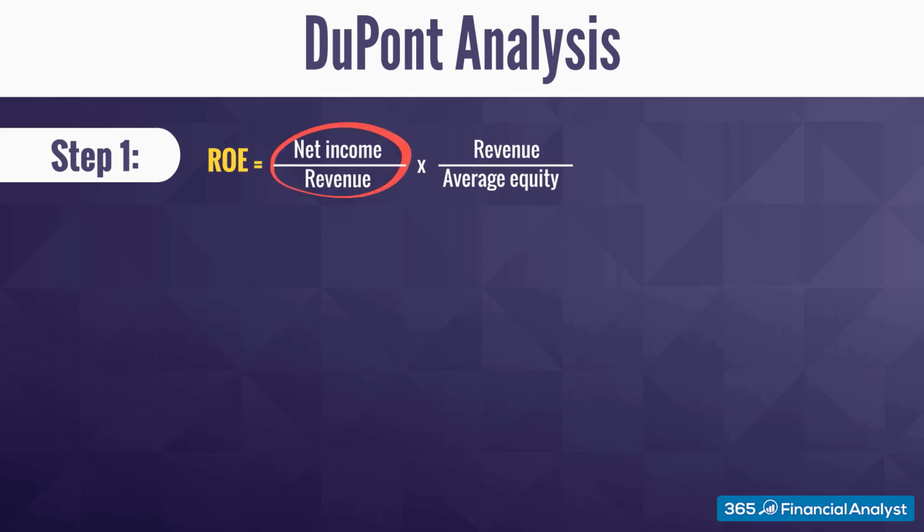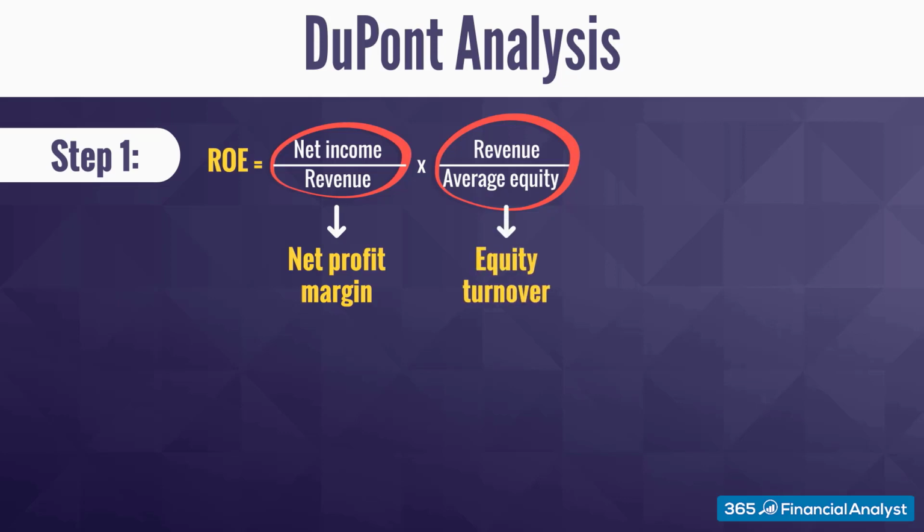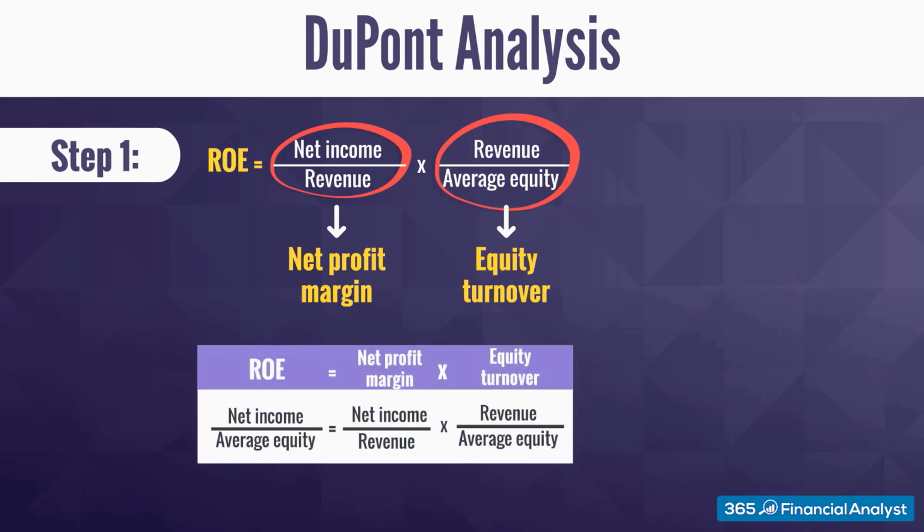Net income over revenue is the net profit margin of a company. How about revenue over average equity? Well, we do have revenue in the numerator, so it must be a type of turnover ratio. That's right. This is the equity turnover indicator. Having clarified this, we can confidently say that ROE equals the net profit margin multiplied by equity turnover.